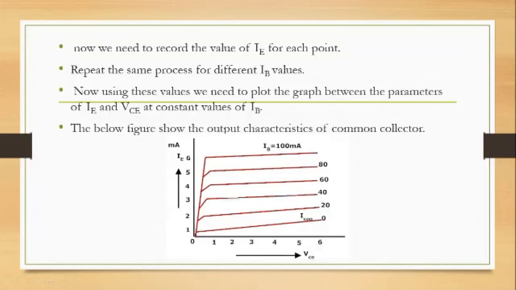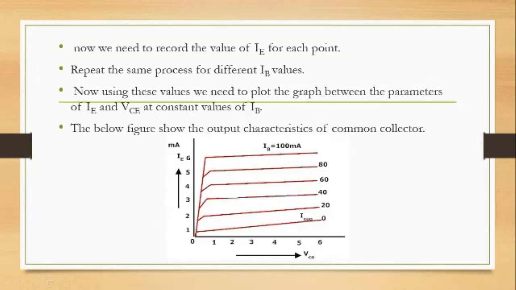According to the readings, you will note down the emitter current. Next, put 40 constant, then 60. Put the constant 60. After that, vary the VC value 1 volt, 2 volts, 3 volts, 4 linearly. According to those readings, you will note down the emitter current.